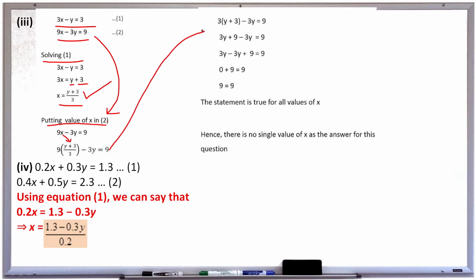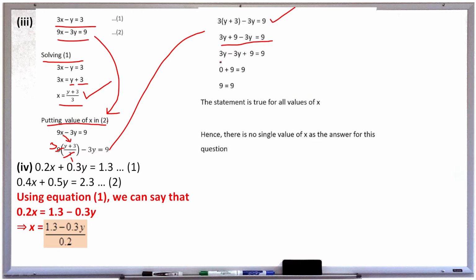Afterwards you can simplify, you will get 3 into (y plus 3) minus 3y is equal to 9. Actually here we are cutting 3, 1 3 is 3 and 3 3s are 9. So afterwards open the bracket, 3 into y is 3y, 3 3s are 9, minus 3y is equal to 9.